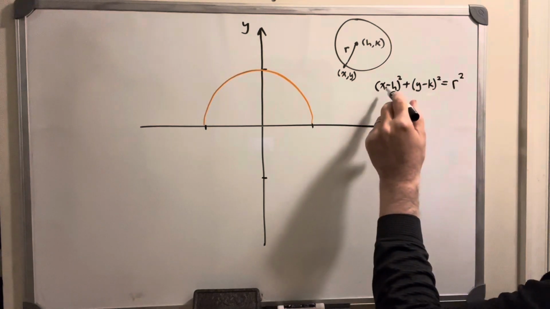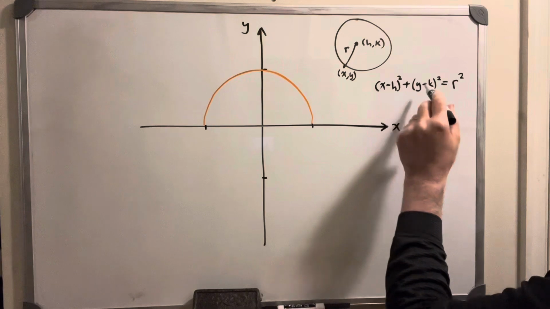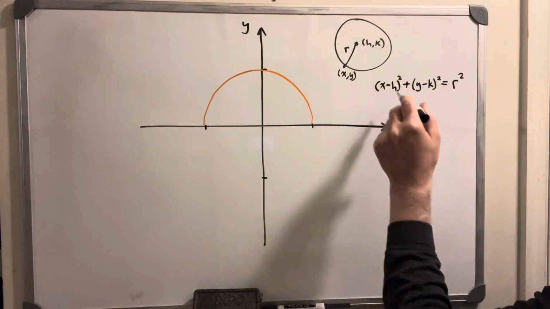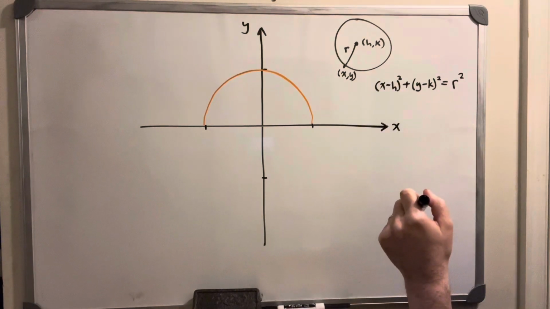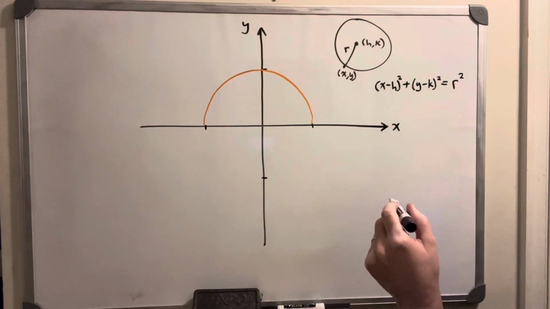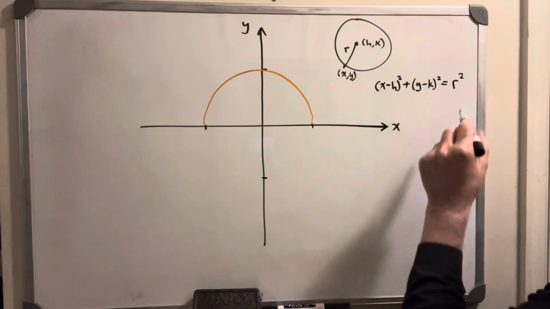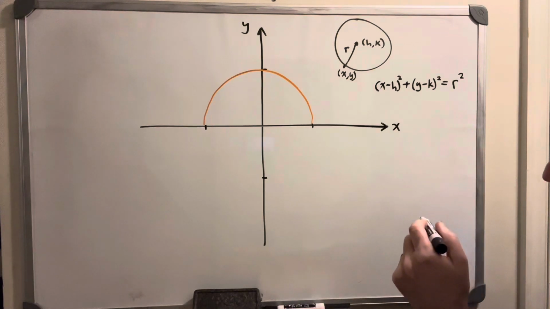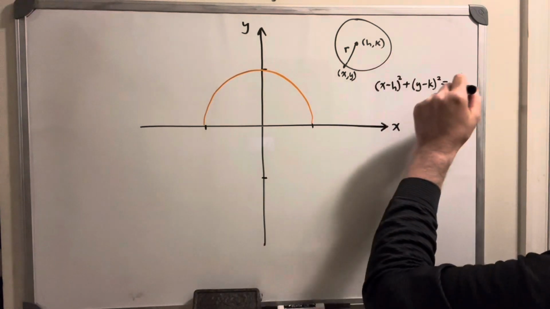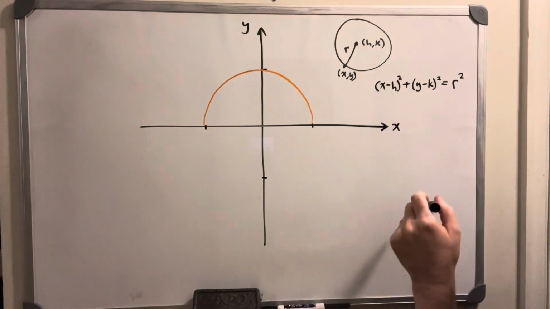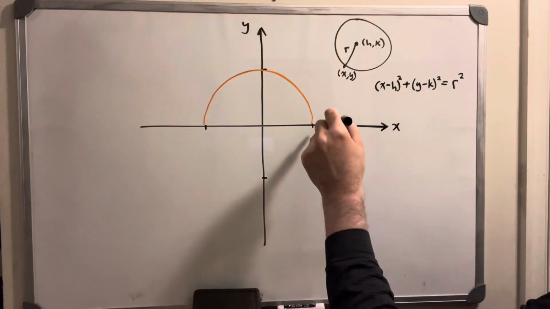And so all ordered pairs x, y that satisfy this are a circle with center at h, k and radius r. And I said that this is an equation, but we want to talk about a function.